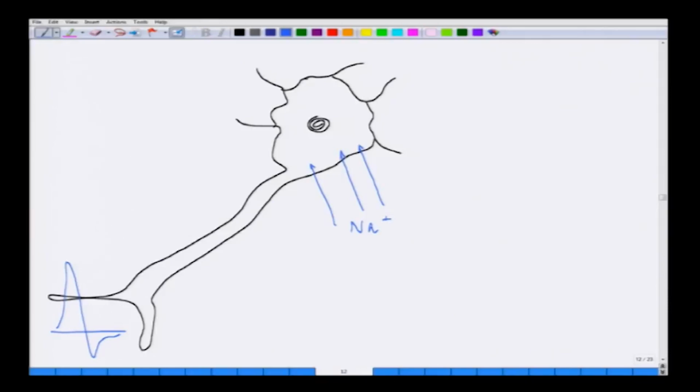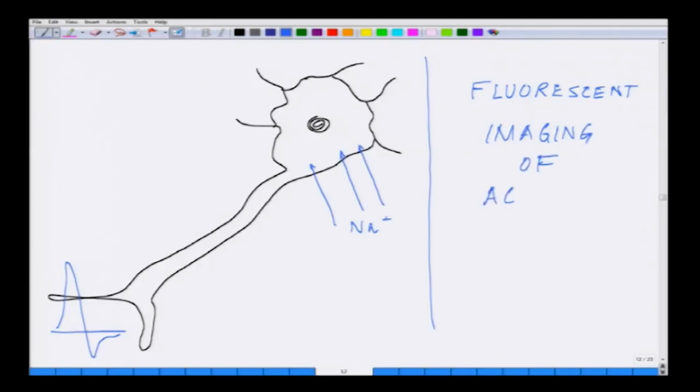So, people are trying to fluorescently image the action potential.